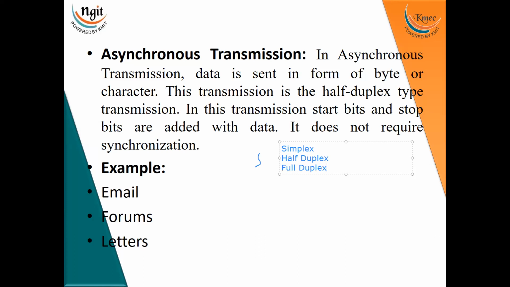In half duplex, only one-way transmission happens at a time. But in full duplex, at a time we have two-way transmission.